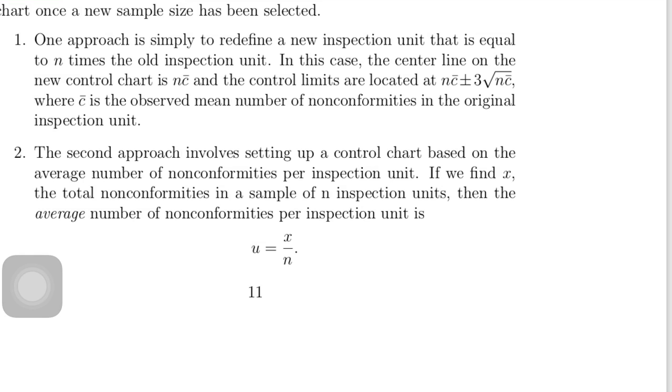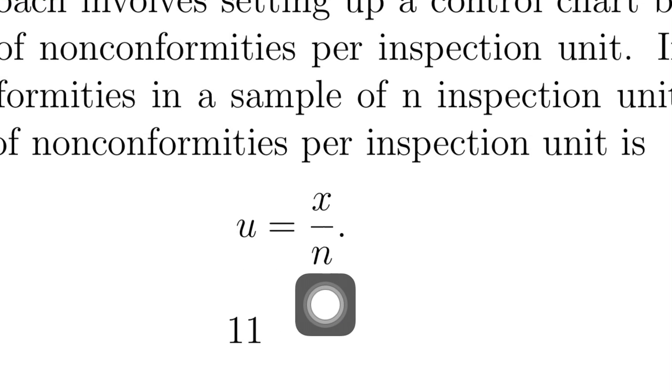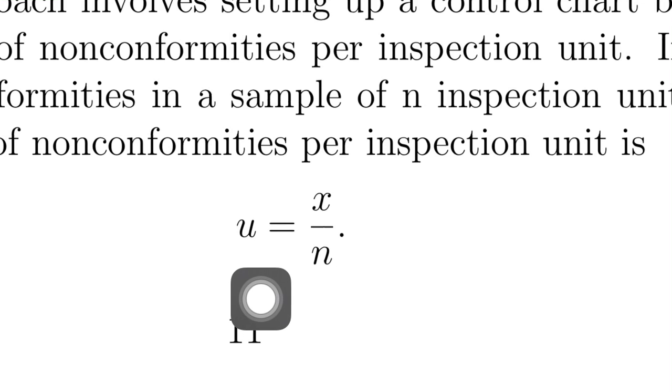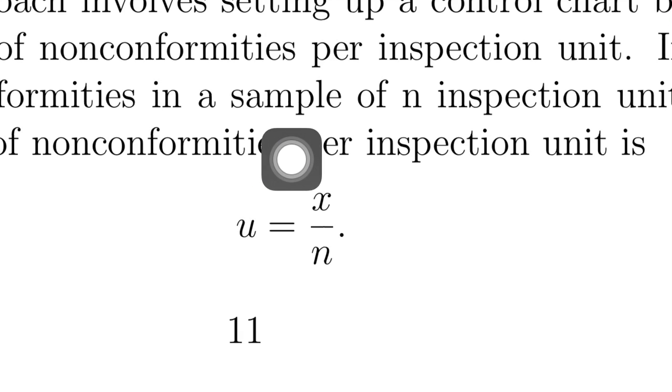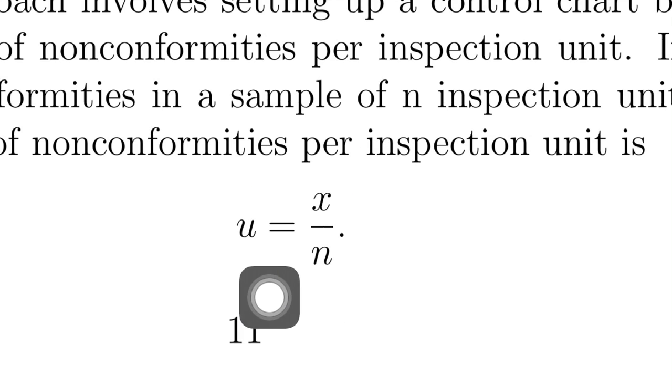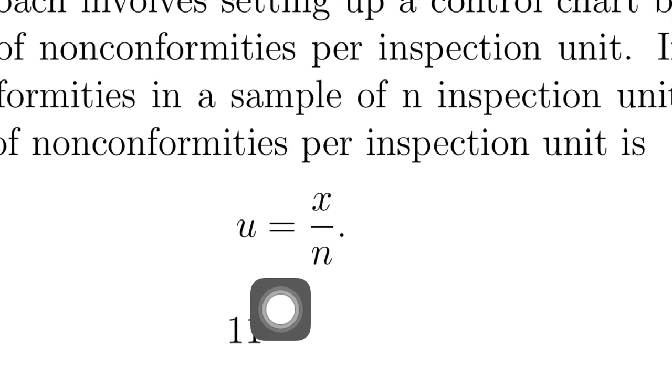We denote this average u, that is equal to x by n. So u is the total number of defects in a sample of n inspection units divided by n, that is the average number of defects per one inspection unit. And this statistic we will be utilizing.